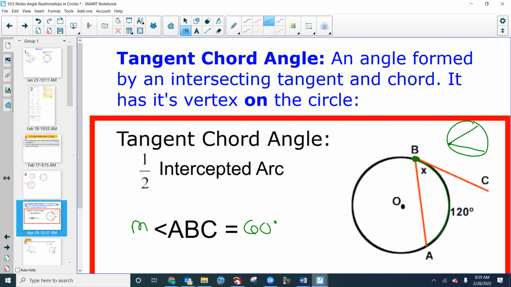Pretty easy. That's just a special case. Instead of two chords, we have a tangent and a chord. But again, I would still call that an inscribed angle. It fits the rules from Friday.